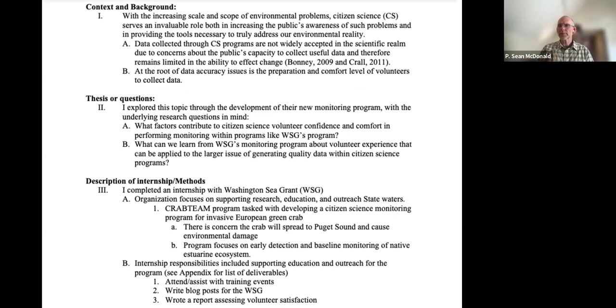I provided a couple of examples online, and one of the ones that I showed here, I think, does a really good job, particularly of talking about the research question and the internship and methods. I don't think it does quite as good a job on the background. As you can plainly see, they only use one Roman numeral there, and I think that could probably be expanded quite a bit.